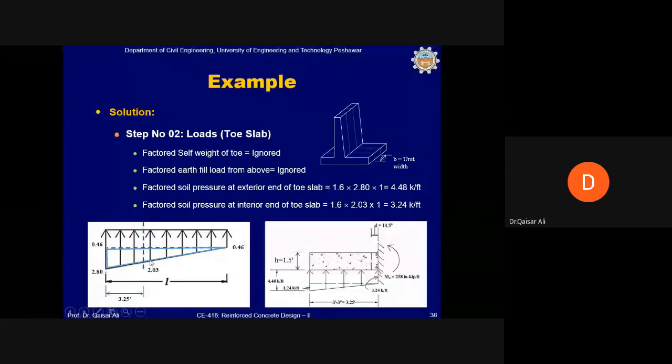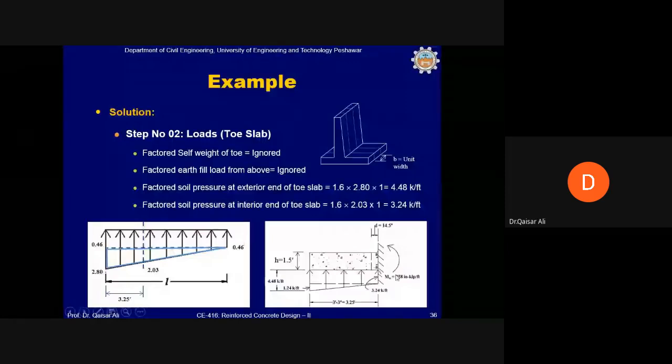This is the total 2.03. If we draw a line from this location to this, this ordinate is 2.03 and the remaining, 2.8 minus 2.03, will be 0.77.